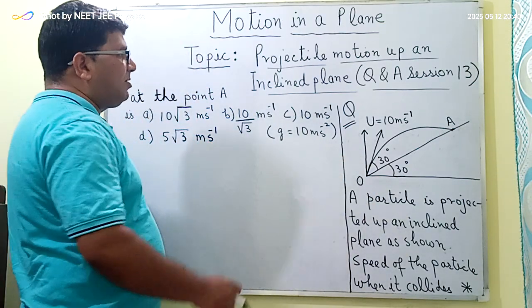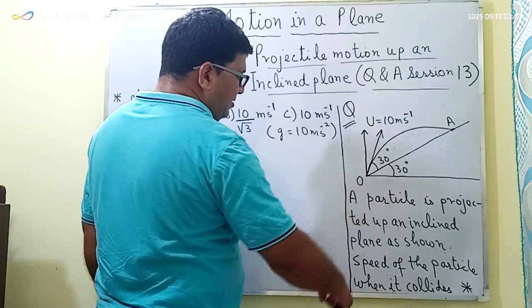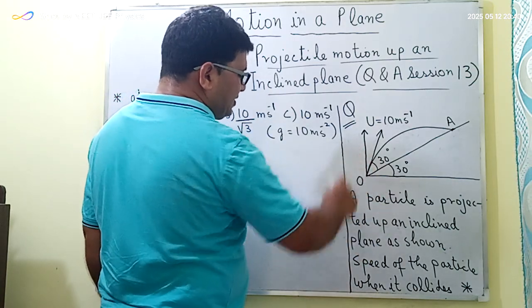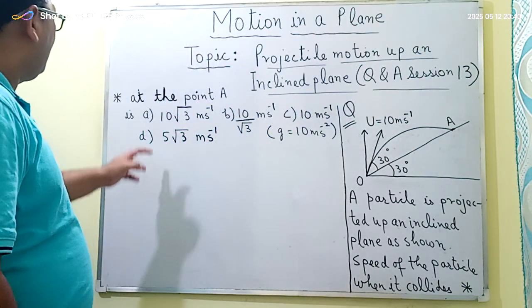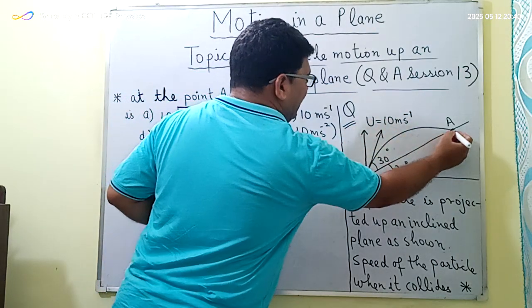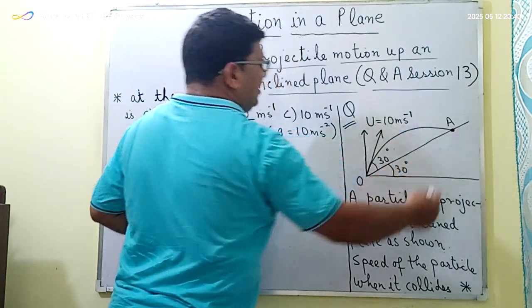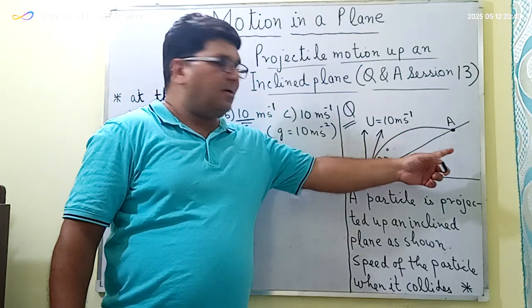So the question for this session is: a particle is projected up an inclined plane as shown in this figure. Find the speed of the particle when it collides at the point A on this inclined plane. So this is an inclined plane and this is the point A where this projectile collides.